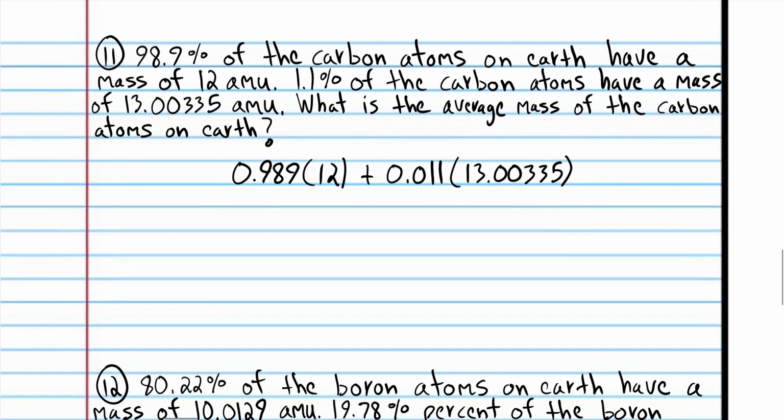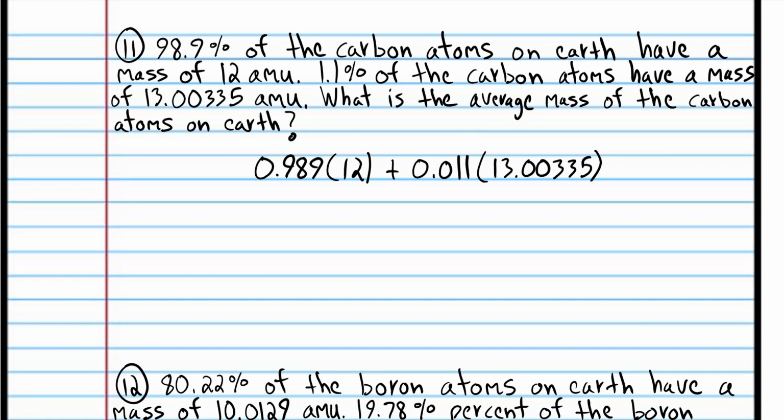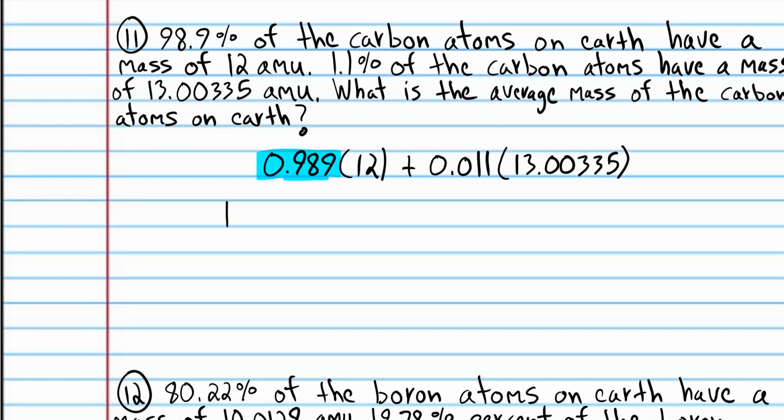So as long as we're talking about weighted average, let's just explain briefly what this means. So this is a percent written as a decimal, and remember, a decimal and a percent, they just represent fractions. So this number here represents the number of carbon-12 atoms divided by the total number of carbon atoms.